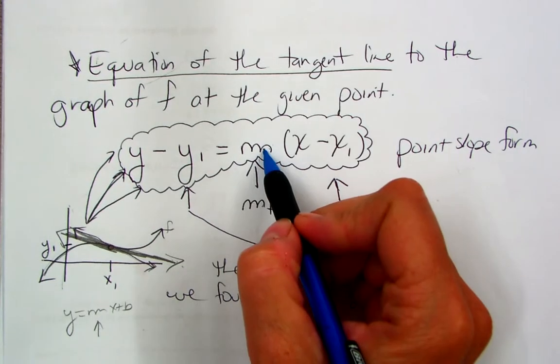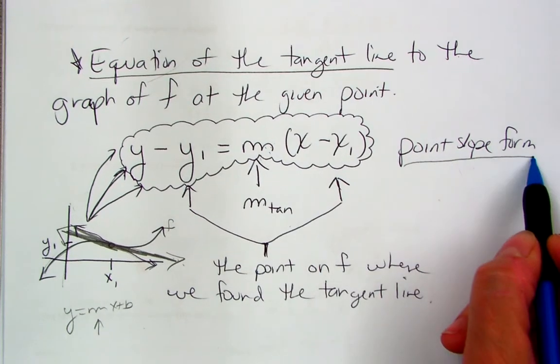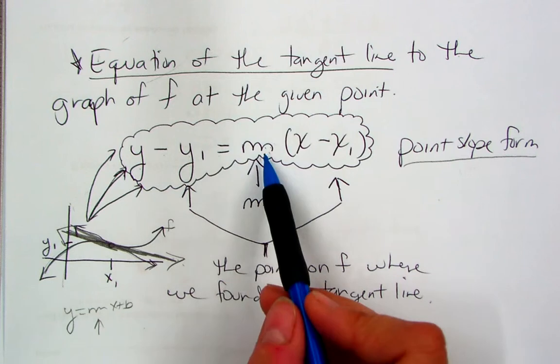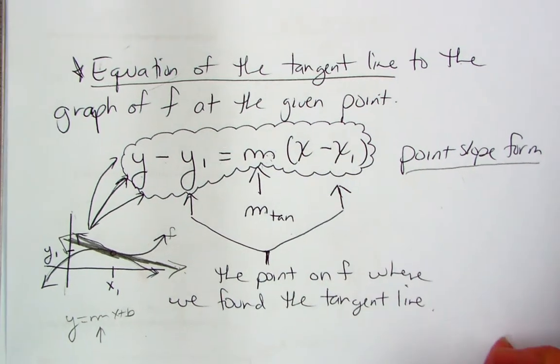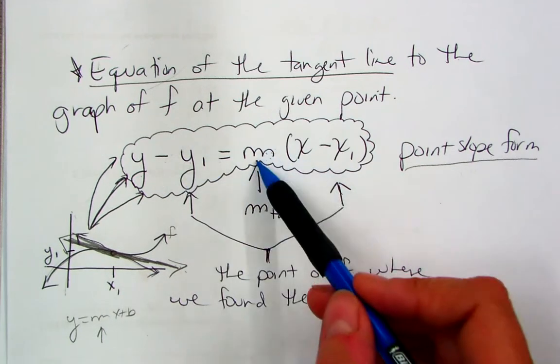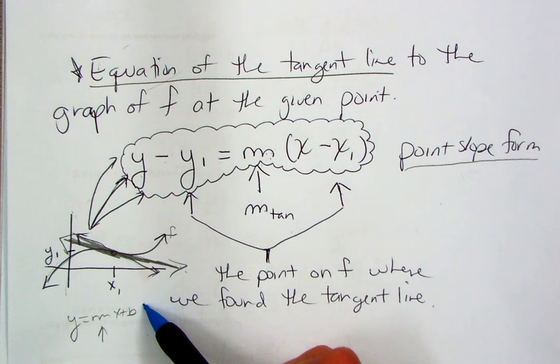So once I have the slope, I'm doing point slope form. This is y minus y1 equals slope times the quantity x minus x1. After you add the y1 and distribute this through, you're going to get the slope-intercept form, which you're used to.